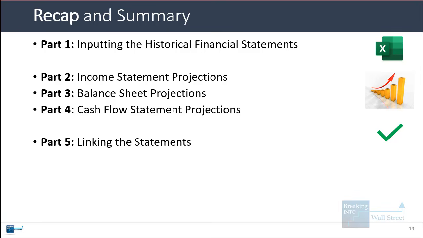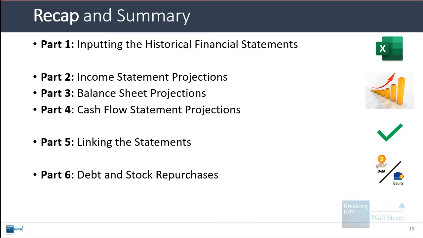And anything that was not projected directly on the balance sheet took the old line item and then factored in changes and line items from the cash flow statement. Then we went through this exercise for the debt and stock repurchases. The company uses any excess cash flow it has to repay debt and to repurchase stock. If it runs into a deficit, then it has to issue additional debt instead.